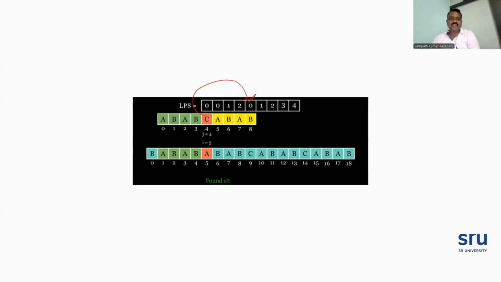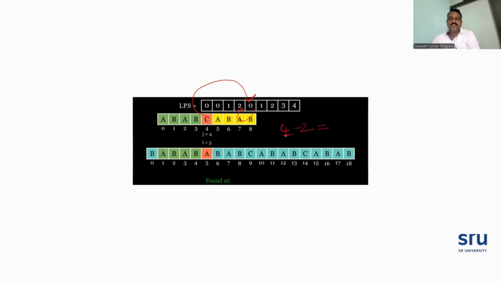So 0, 1, 2, 3, 4. We take the control here and subtract J minus 1. If I subtract J minus 1, this points to this value 2.